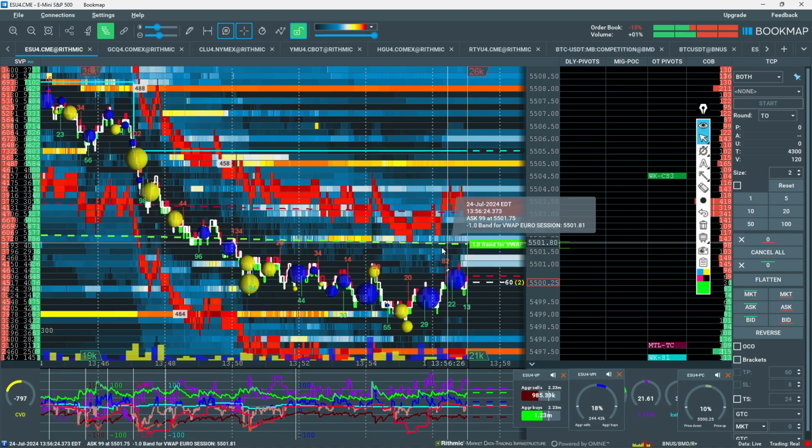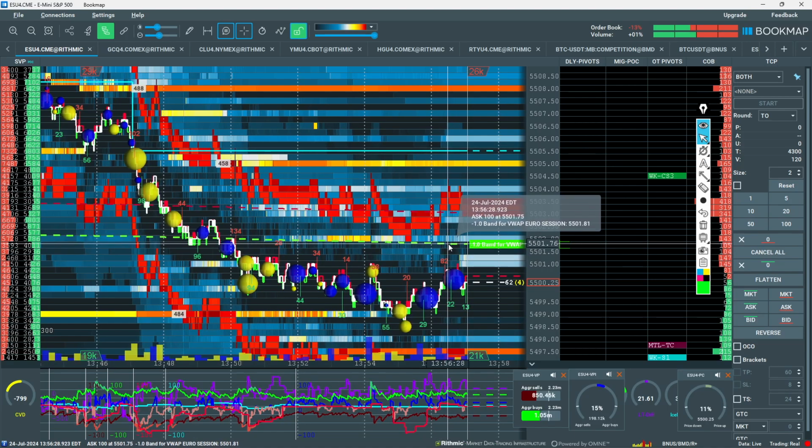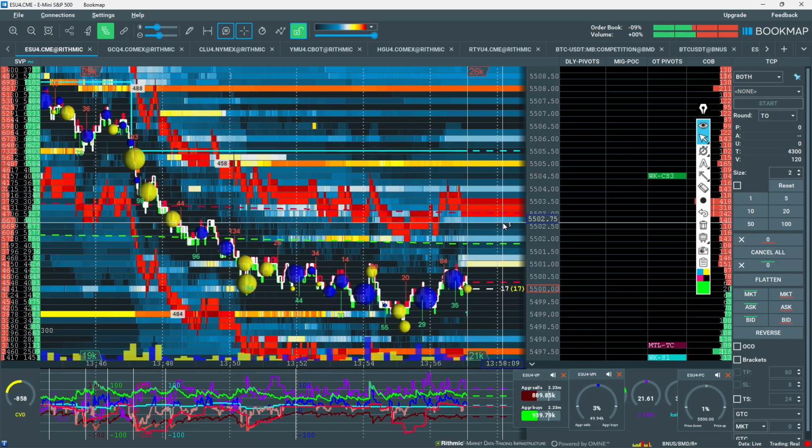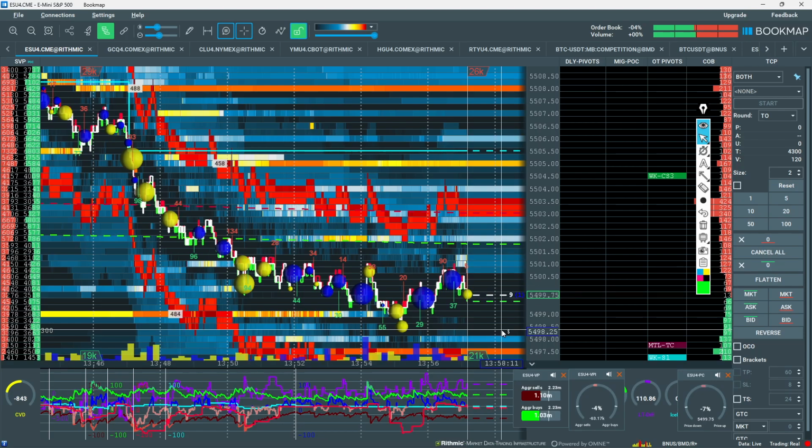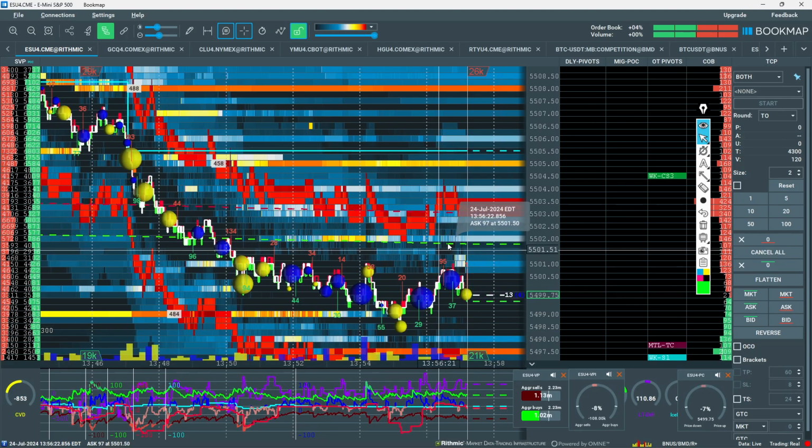All right, so that's the retest zone right there, minus 1. And let's see if buyers are going to test it and then fail, or they're not going to get up there at all.